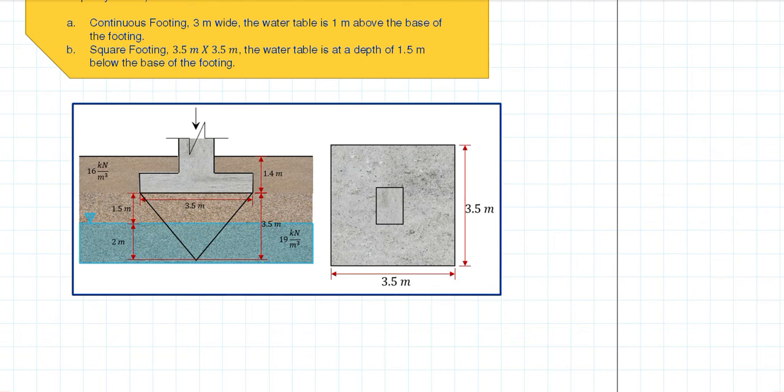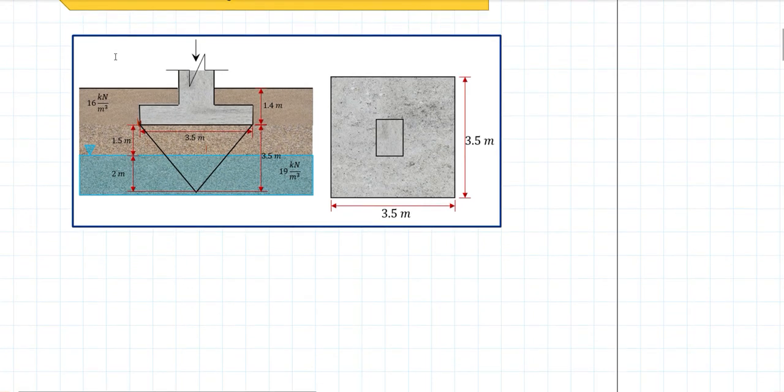At ang sabi dun sa problem natin, yung water table is at a depth of 1.5 meters below the base of the footing. Then, may matitira tayong 2 meters na saturated soil for a depth na 3.5 meters din, kasi nga susukat tayo ng same height of the base para dun sa unit weight natin on the third term of the bearing capacity equation.